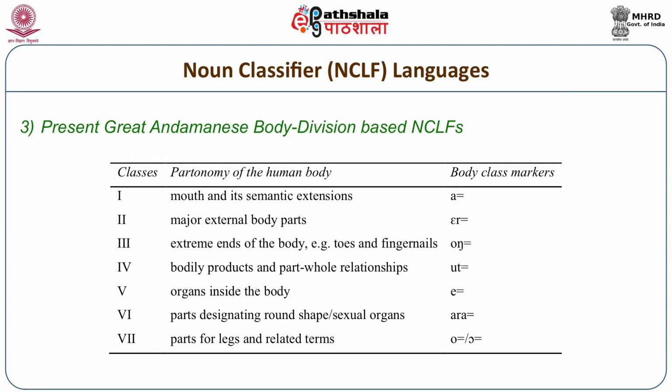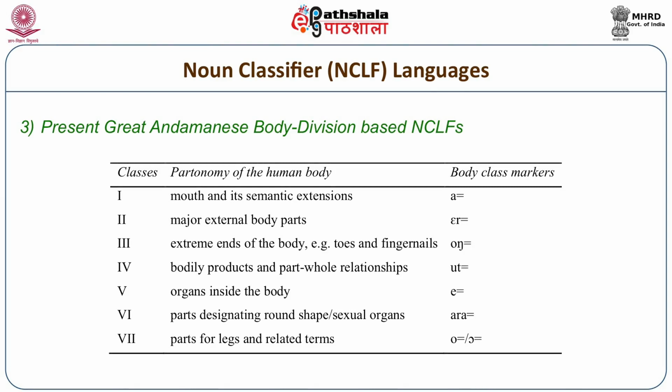She argues for the identification of the body division markers as noun classifiers, because they play a significant role in word formation processes as grammaticalized units, and they can attach to a huge number of vocabulary items signifying diverse meanings. Abbi identifies 7 such body division classes of noun. This system is based on the partonomy of the human body.